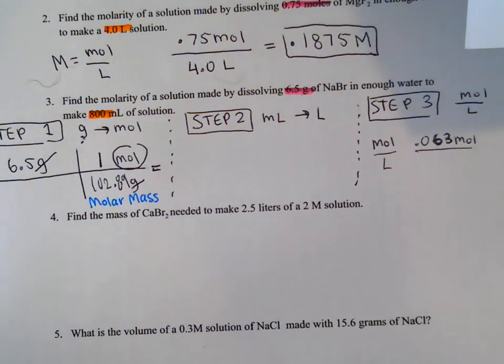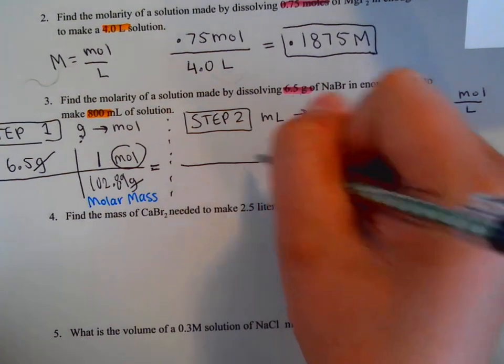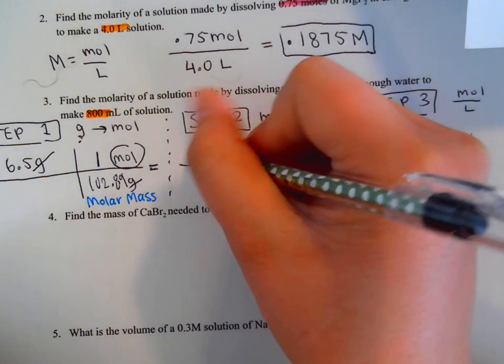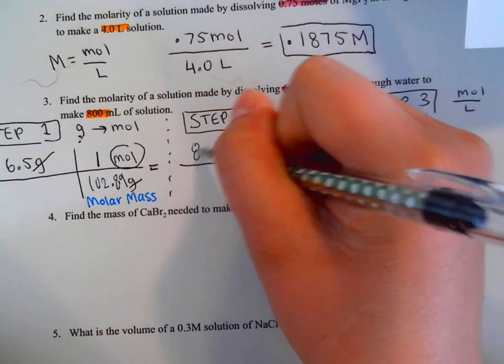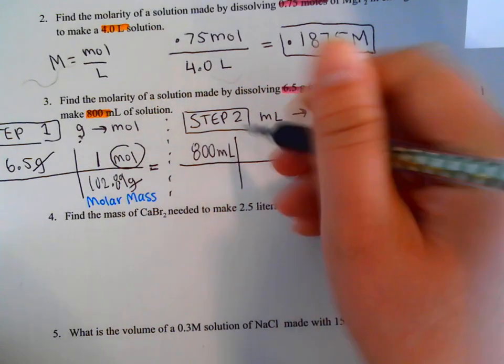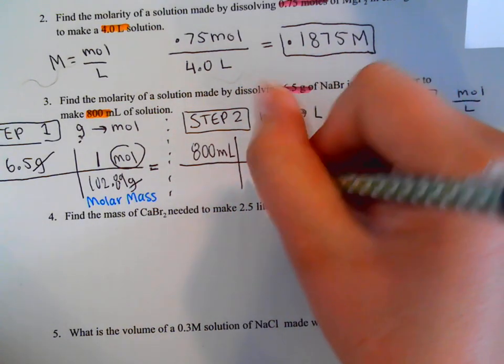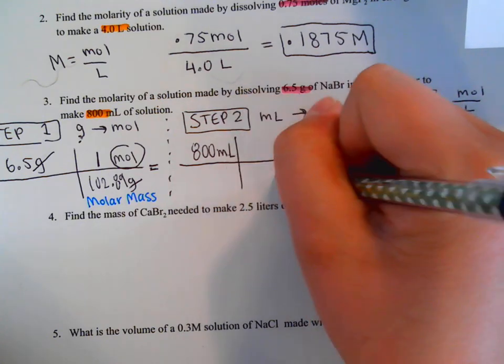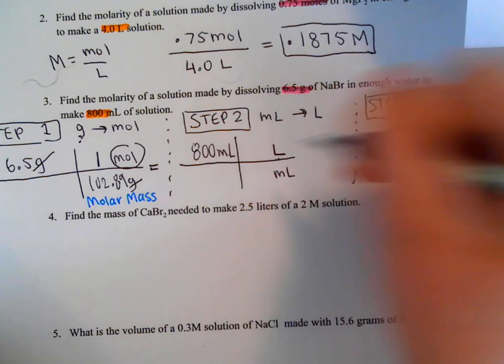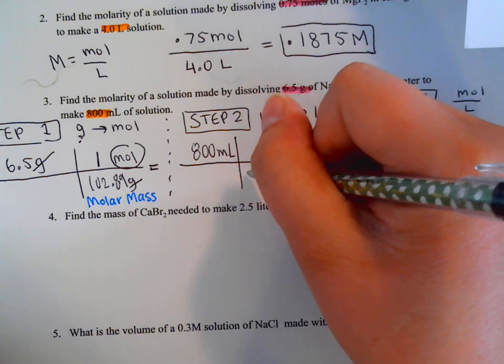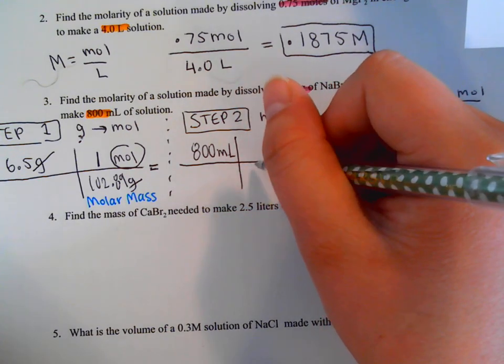So to get liters, we're going to do a very similar thing. We're going to take our given for milliliters. We're going to turn 800 milliliters into liters. We're going to use milliliters on the bottom so that unit will cancel, and we'll put liters on top. Now, you should remember how many milliliters are in a liter.